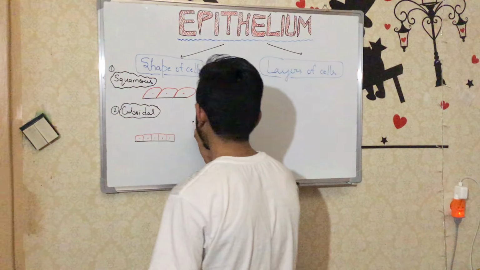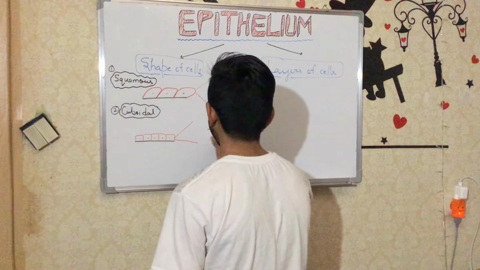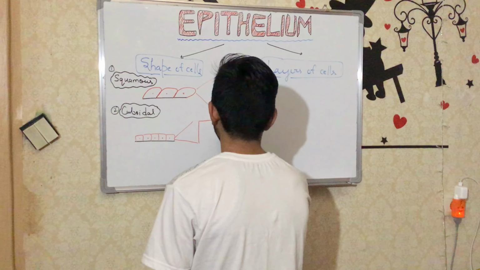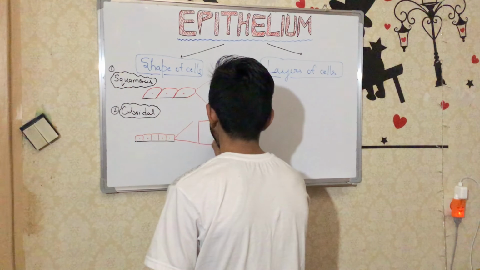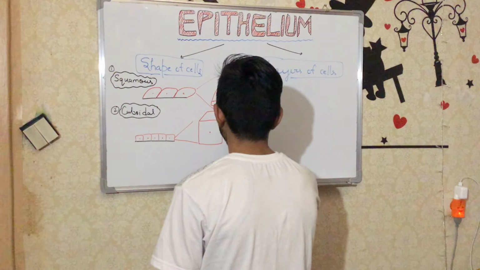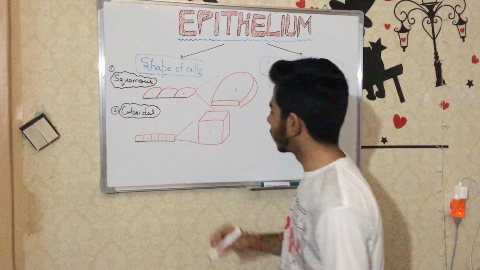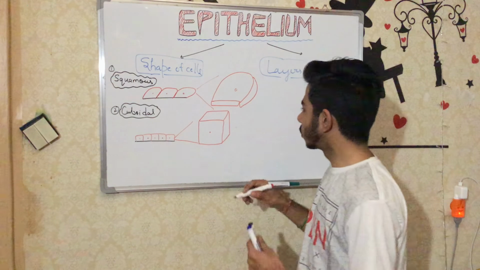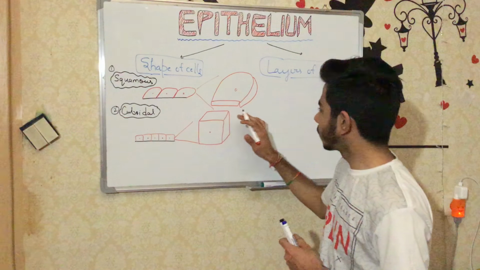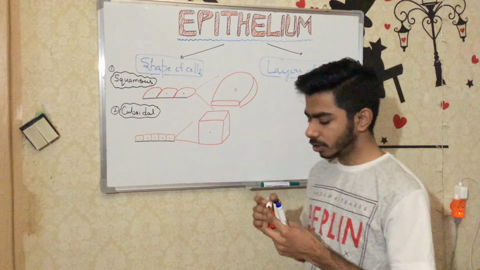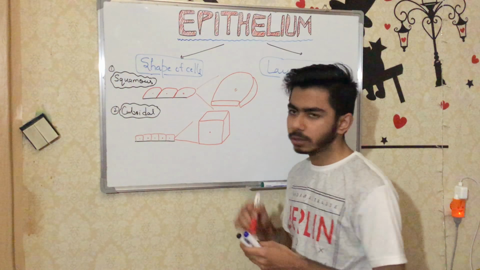If you magnify this, for example, look over here. So this is the cell I have magnified. This is the cuboidal cell, where all the surfaces are equal: the width, height and length of the cell are equal. So these are the cuboidal cells.